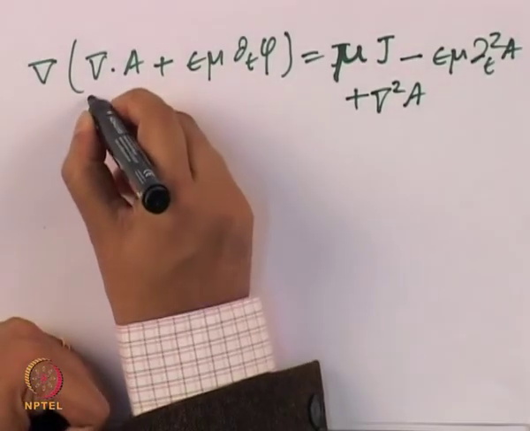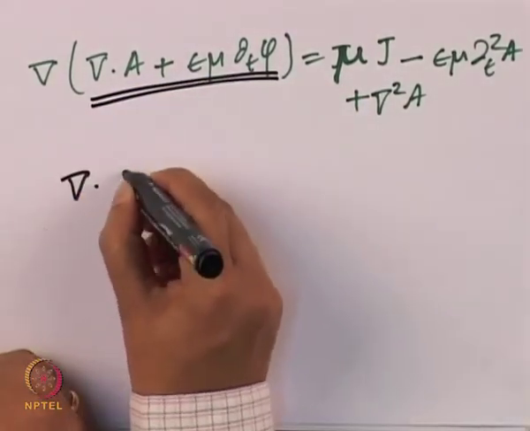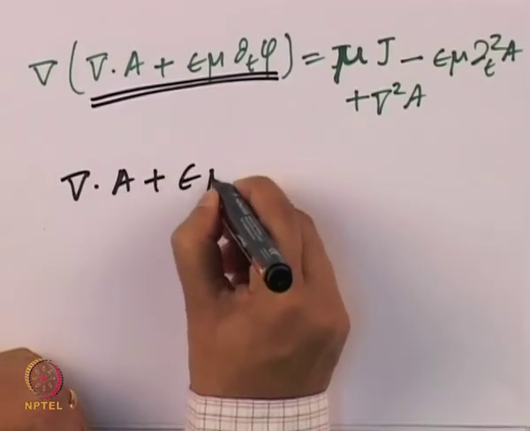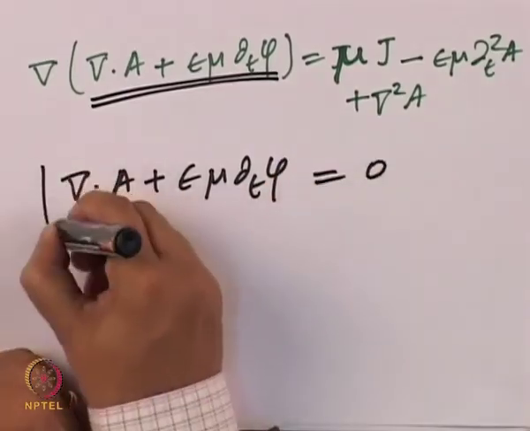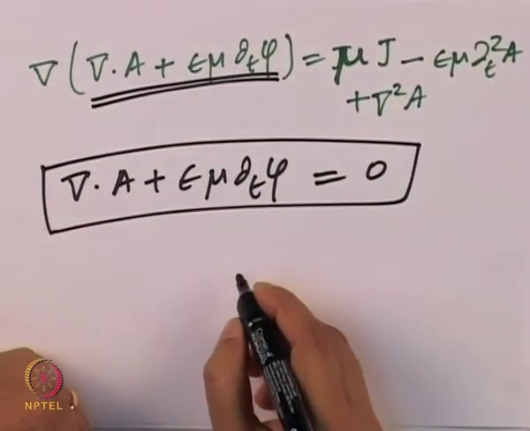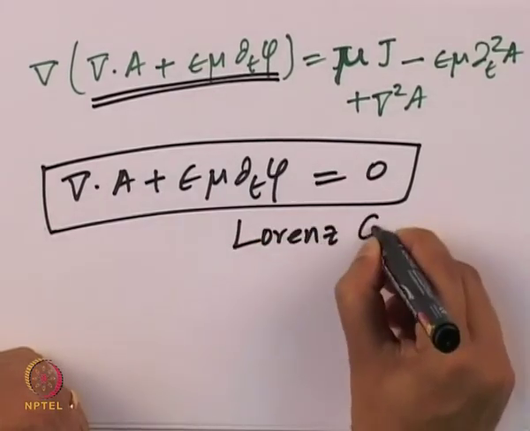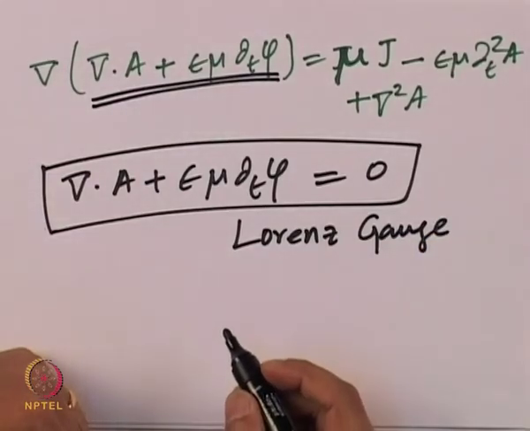The Lorentz gauge is nothing but this term we are setting to 0. So the divergence of A plus epsilon mu dt of phi is set to 0. So this is the Lorentz gauge, and that is what you will see in the equations to come.